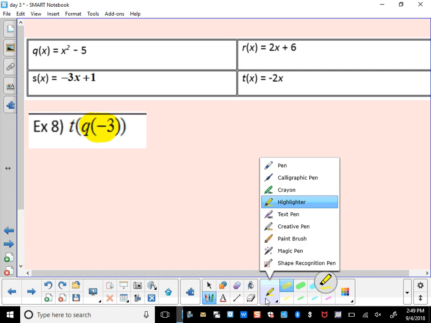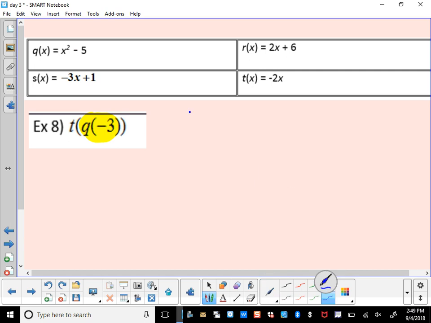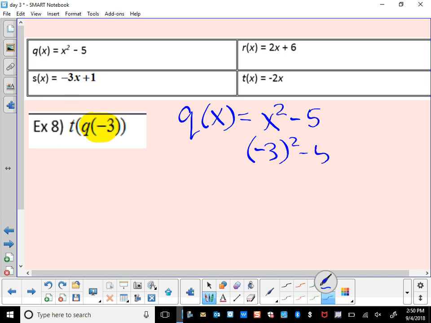The inside function is q. The q of x is x squared minus 5, but instead of x, I'm plugging in what? -3. Make sure you put it in parentheses. If you don't, you will get a completely different answer. So -3 squared gives me 9 minus 5, which is 4. Okay?